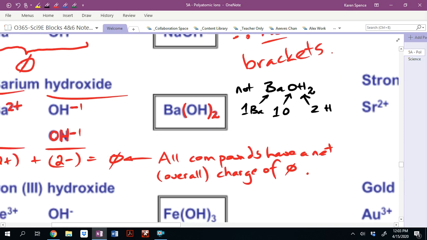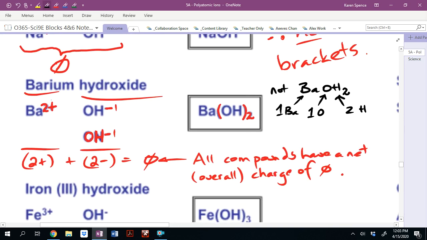But if we go back and look, we have 1 barium, 2 oxygens, and 2 hydrogens. So we need to say that we have both 2 oxygens and 2 hydrogens. How do we do that? When we put the 2 in the brackets, it applies both to the O and to the H.